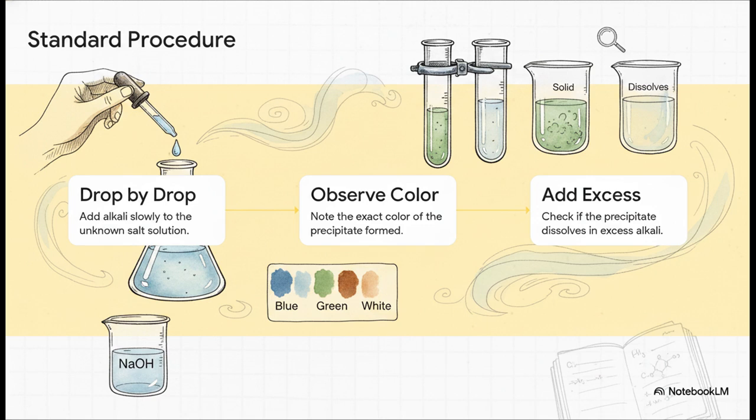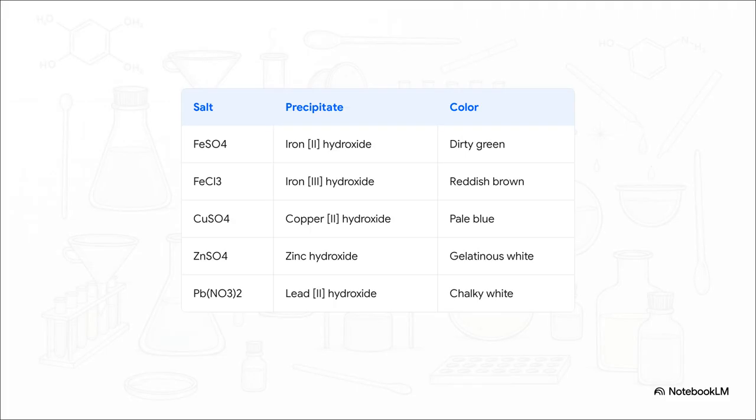Step 2, a solid substance, which we call a precipitate, is going to start to form and kind of fall out of the solution. We carefully observe its color, and then step 3, we just keep adding that alkali until it's totally in excess. We do this to check if that solid precipitate dissolves back into the liquid or if it stubbornly stays solid.